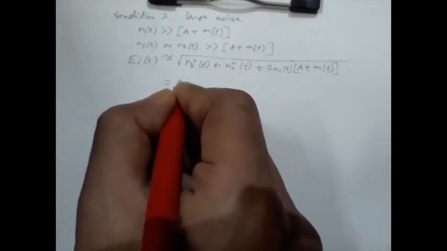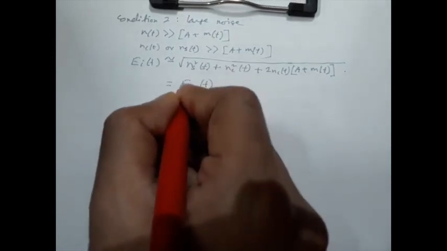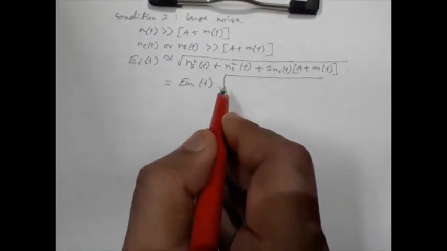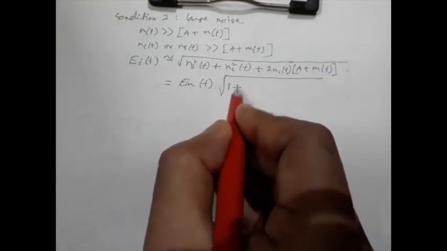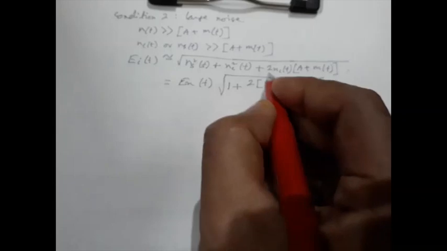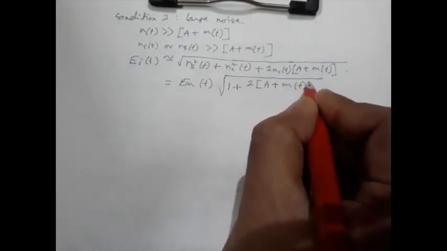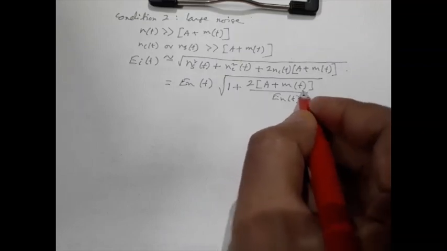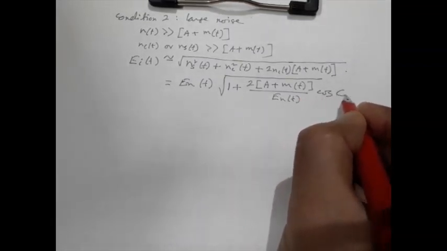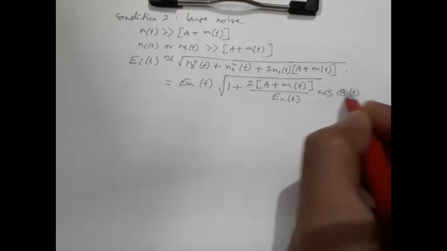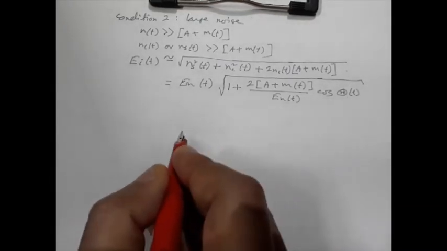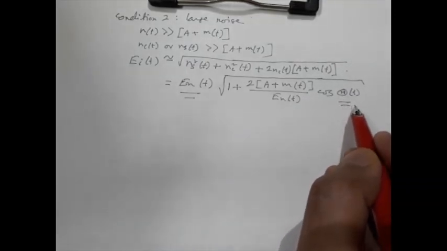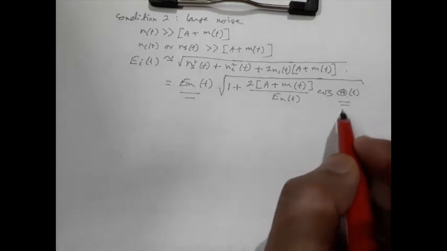So that can be written as e_n(t) square root of 1 plus 2(A plus m(t)) by e_n(t) cos of theta(t), where e_n(t) is the envelope and this theta is the phase of the noise n(t).